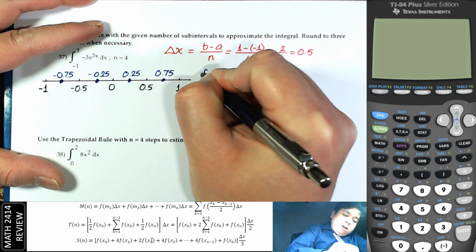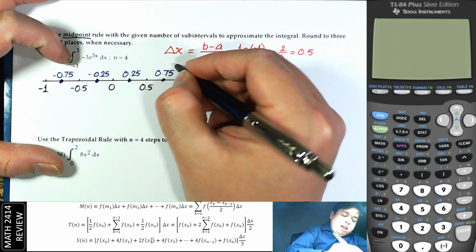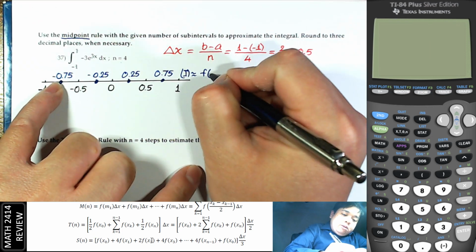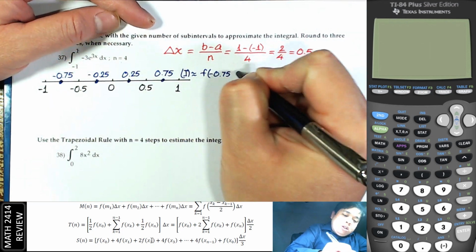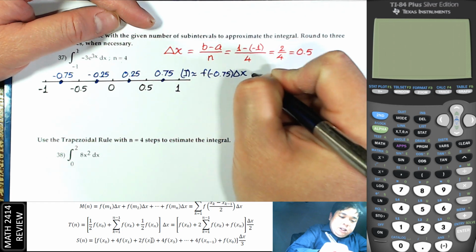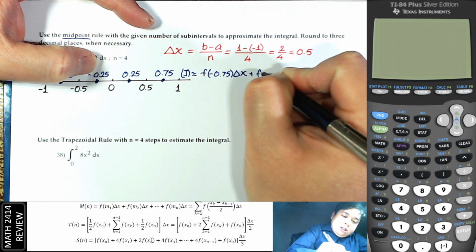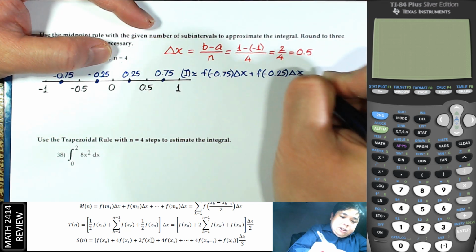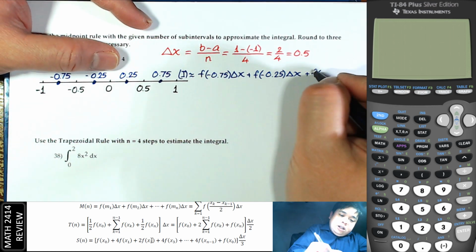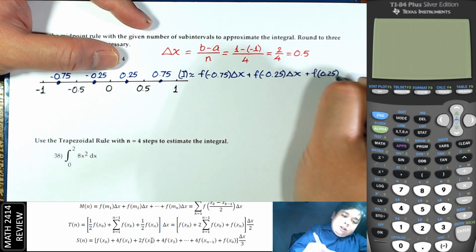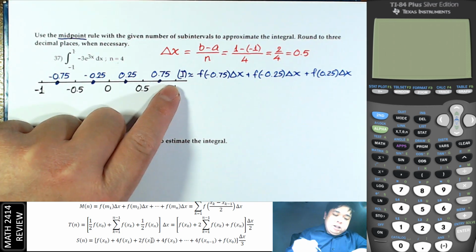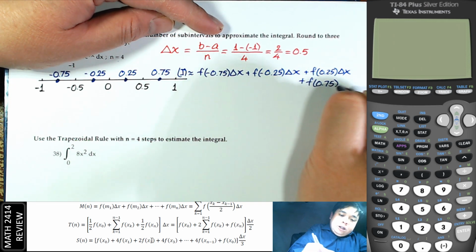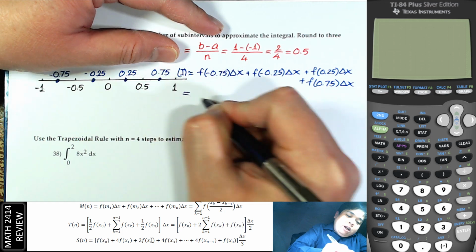So this integral is approximately equal to the function at -0.75 times delta x, the function at -0.25 delta x, the function at 0.25 delta x, and the function at 0.75 delta x.